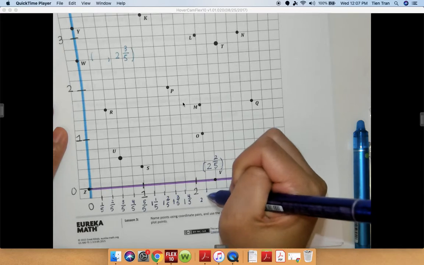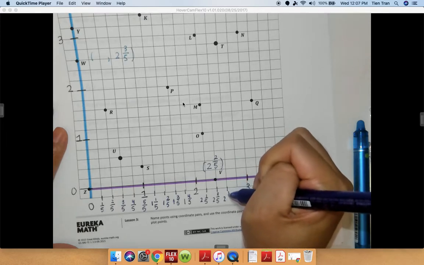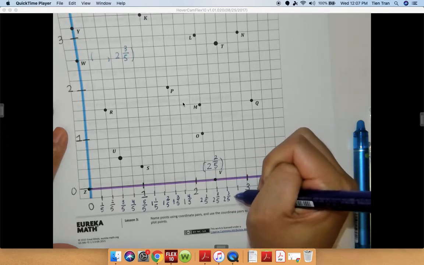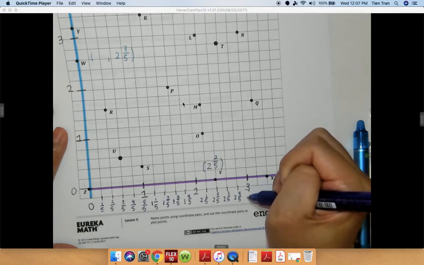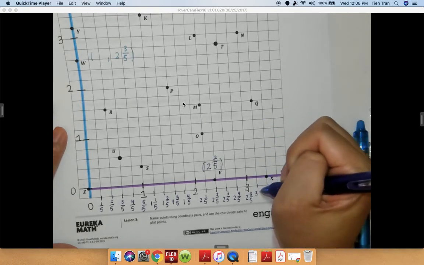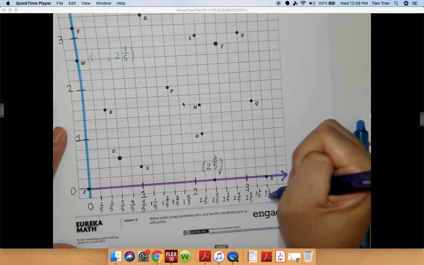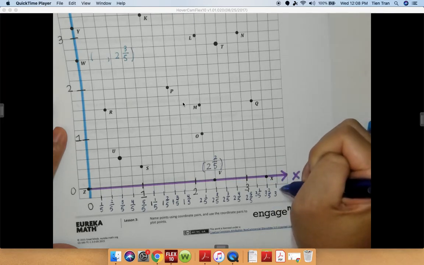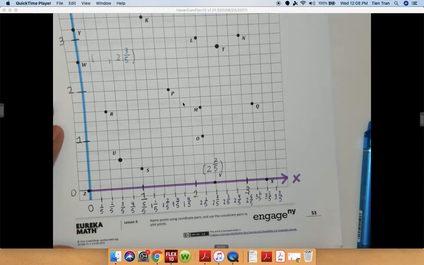Over here we have 2 and 1 fifth, 2 and 2 fifths, 2 and 3 fifths, 2 and 4 fifths, and this right here would be 2 and 5 fifths if you really need it. You usually don't. And then over here we have 3 and 1 fifth, 3 and 2 fifths, and 3 and 3 fifths. And it stops right there. So you don't have to continue on.